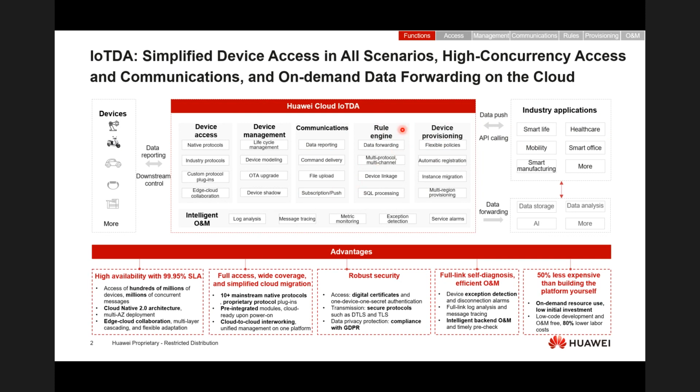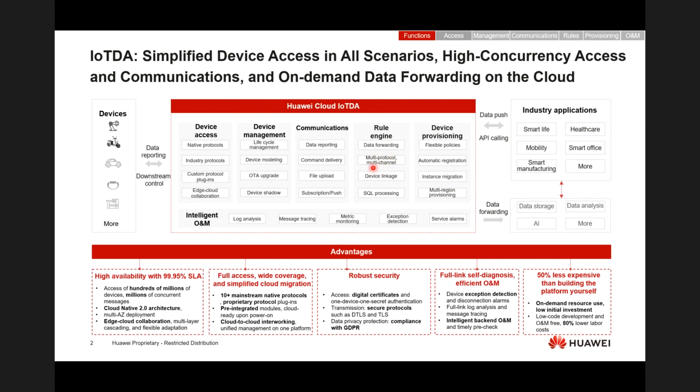For the rule engine, you can see here data forwarding. What I just said is like this. The IoTDA can forward data to other services on Huawei Cloud, maybe MySQL database, maybe InfluxDB, maybe AI, maybe big data, things like that.